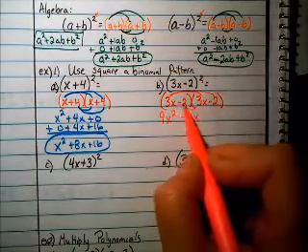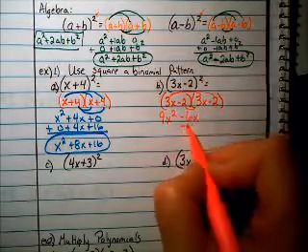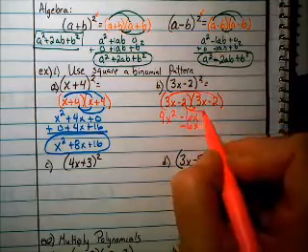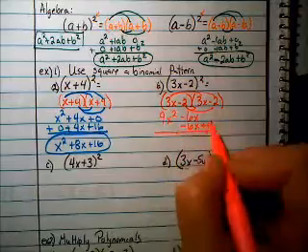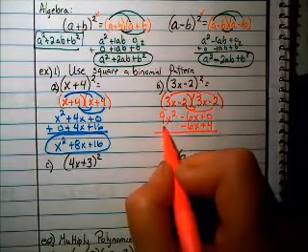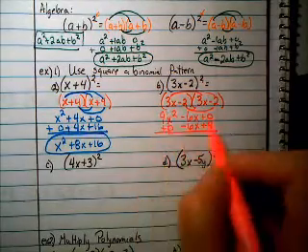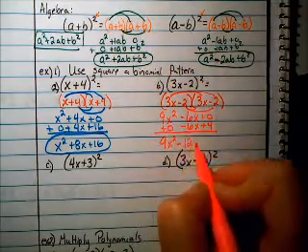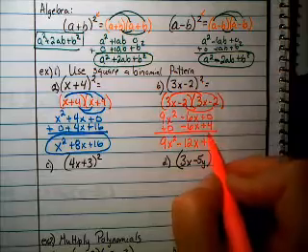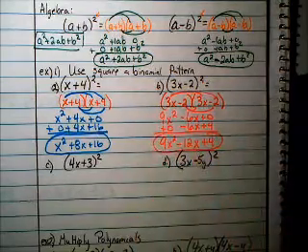On the inside, negative 2 times 3x is negative 6x again. And then negative 2 times negative 2 is a positive 4. Add zeros in your placeholders and bring your answer down. That'll be 9x squared minus 12x plus 4 will be your answer.